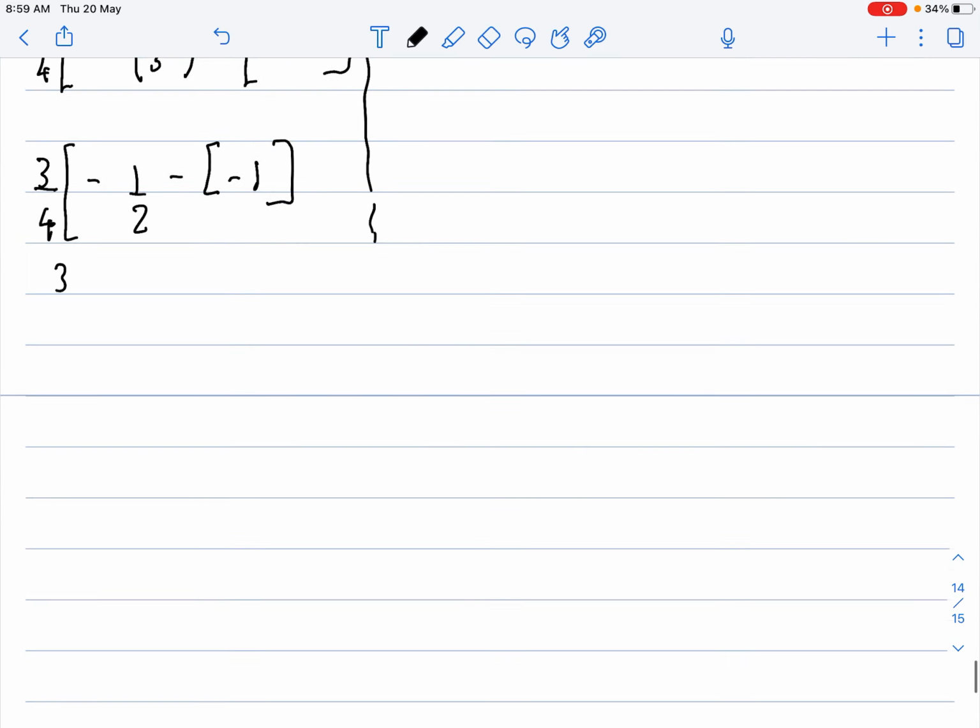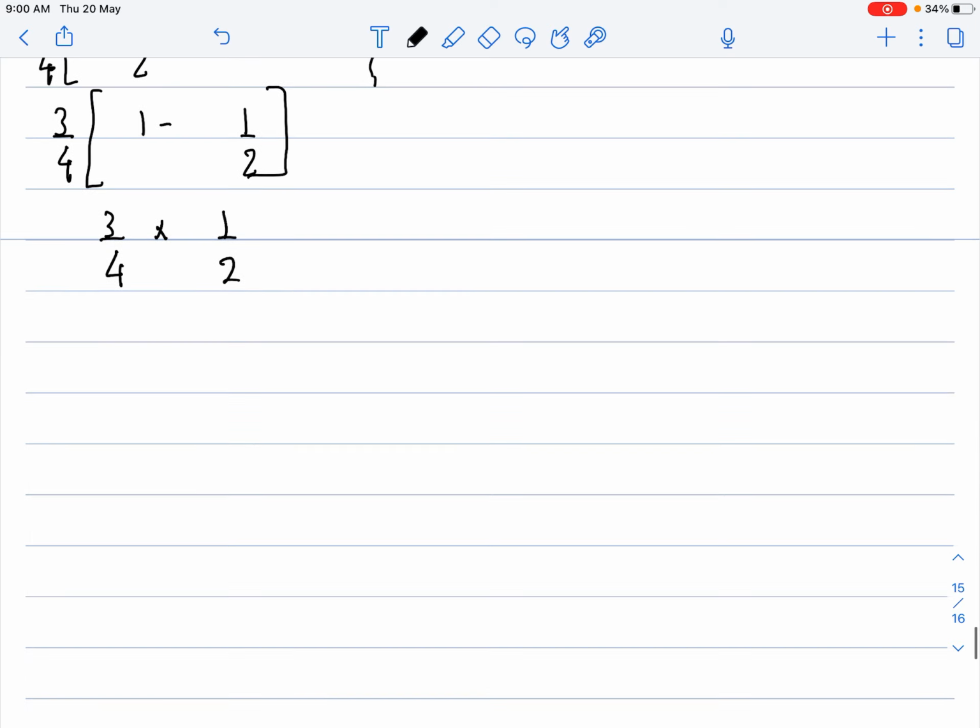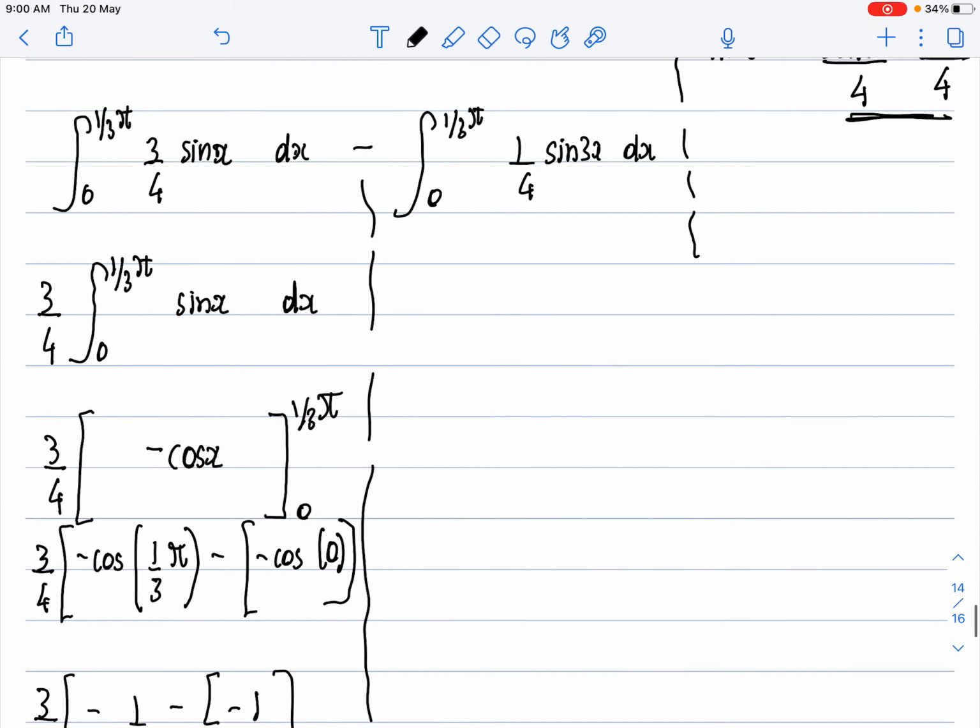So I get 3 over 4, 1 minus half, where I get 3 over 4 into 1 by 2, where I simply get 3 over 8. Okay? So yeah. Now the other part.